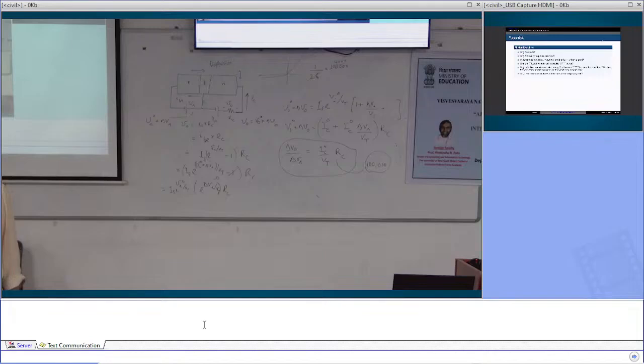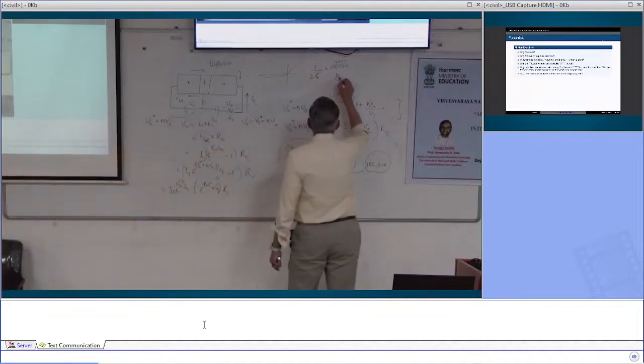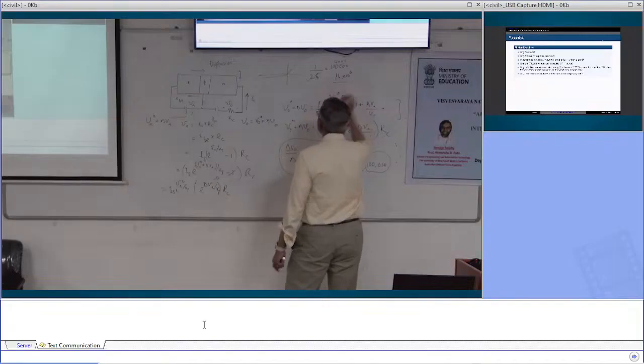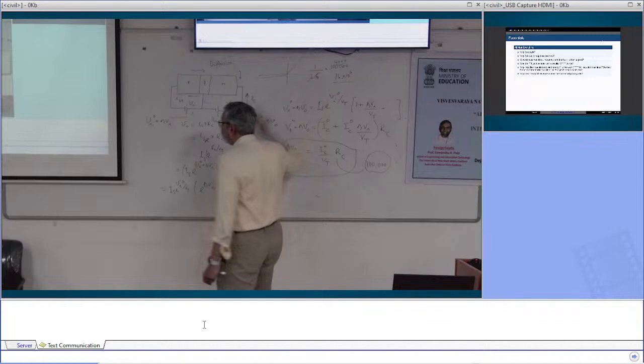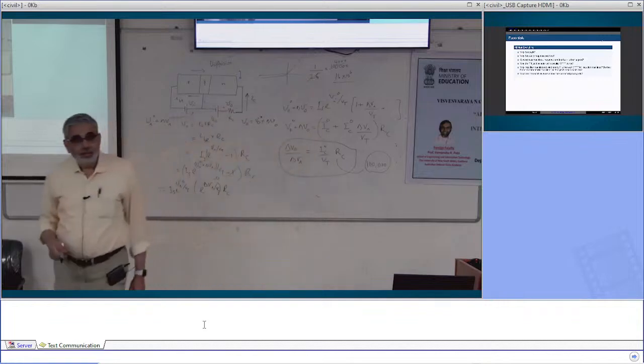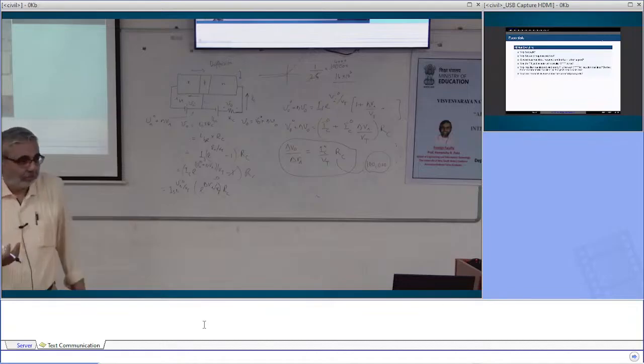And because of that, if you put 2 or 3 together, suppose I got 4,000, 2 of them together is 16 times 10 to the power 6, 16 million. Right? 4,000, 2 of them you put together, you get a huge gain. Just 2 amplifiers. Nothing much.